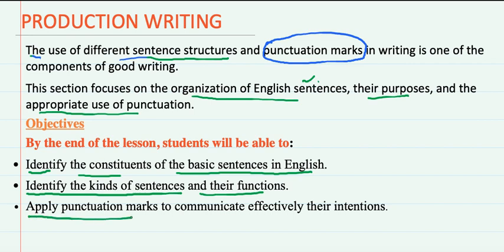Apply punctuation marks to communicate their intentions effectively. So this course will help us a lot to achieve all this, and you should take your time and go with us so that you'll be able to catch something from this course.